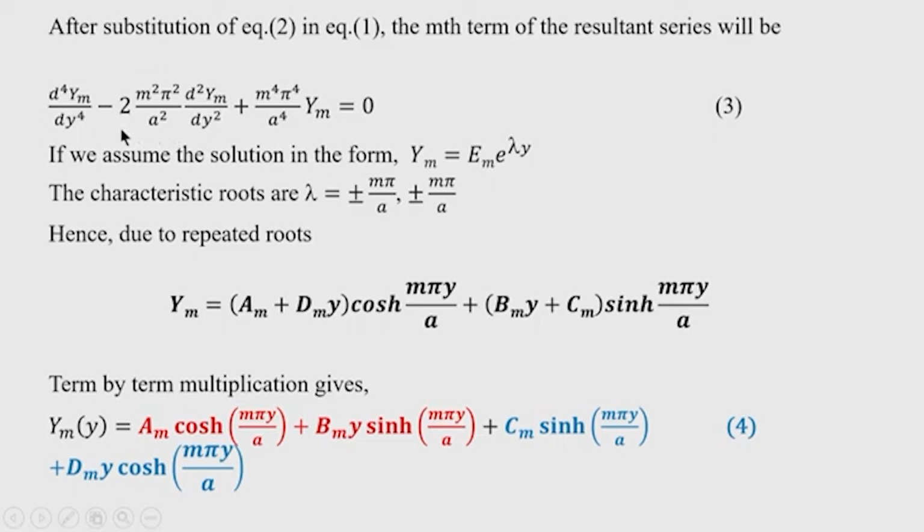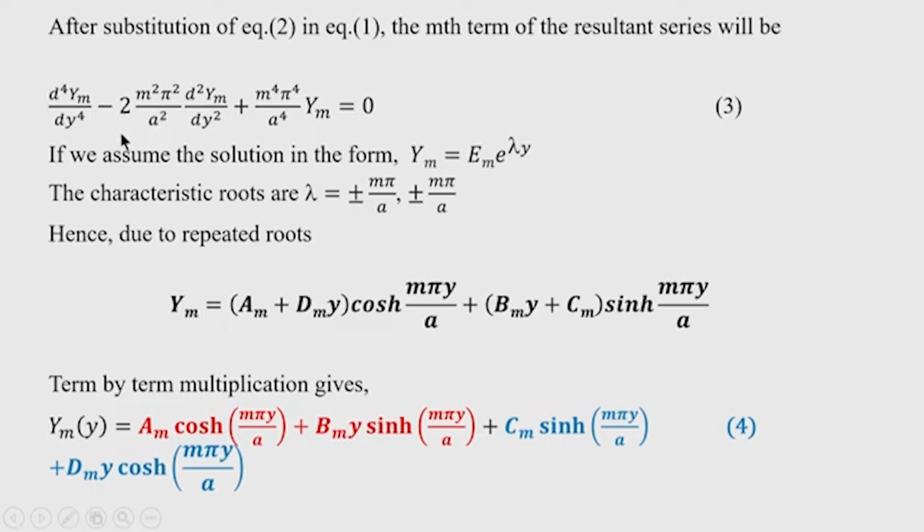So, we have seen the solution of this differential equation. If I assume the solution in the form E_m e to the power lambda y, where E_m is a constant, and after substituting this we get a characteristic equation. E to the power lambda y of course will be common to all the terms, so we need not consider it because it will be cancelled.